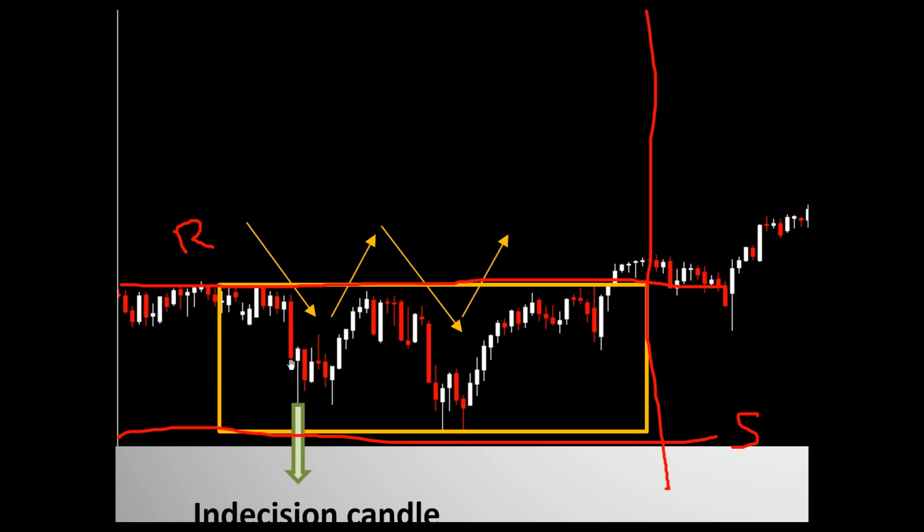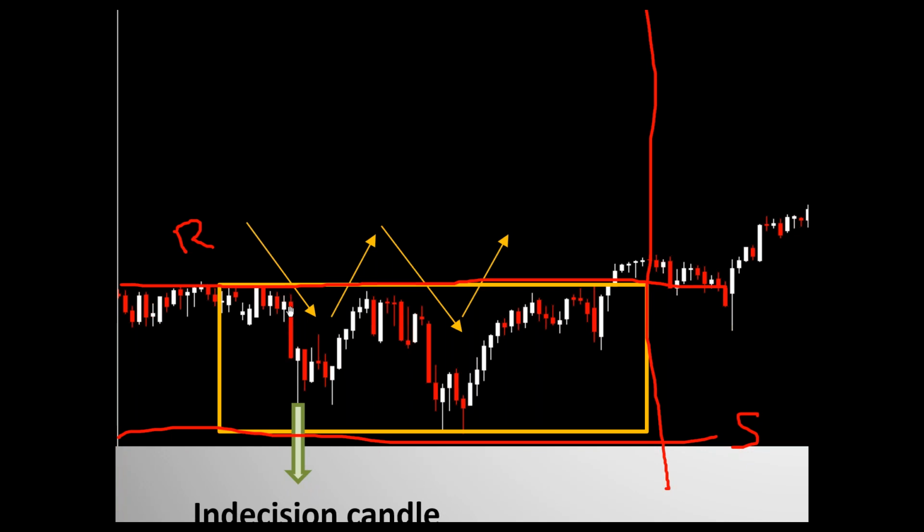So what that means, if you don't have a long tail to the downside, but instead your close price is very close to your low price, that means that bears have full control and they managed to close the session very close to the low price.